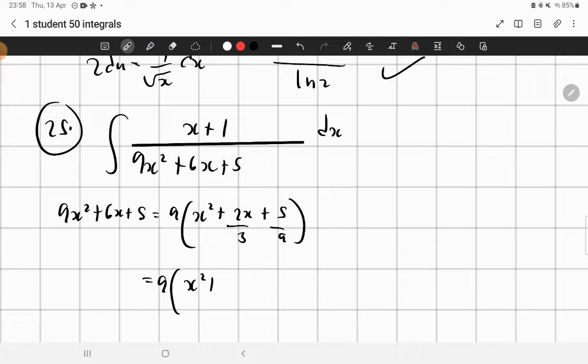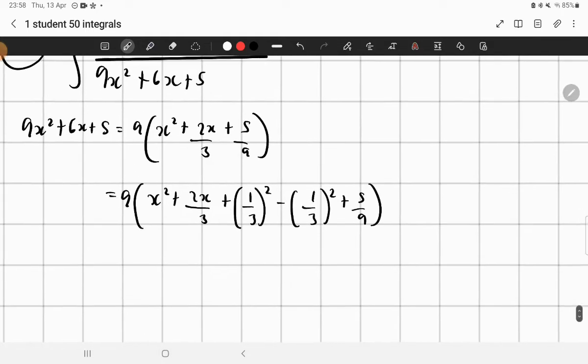Well, the method that I mentioned, completing the square, so it will be 1 over 3 squared, minus 1 over 3 squared plus 5 over 9.